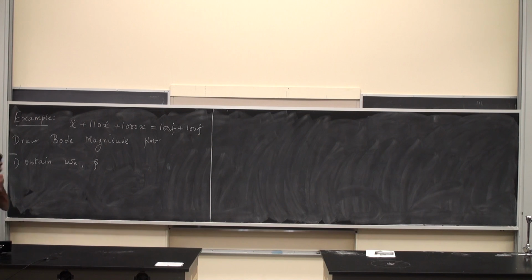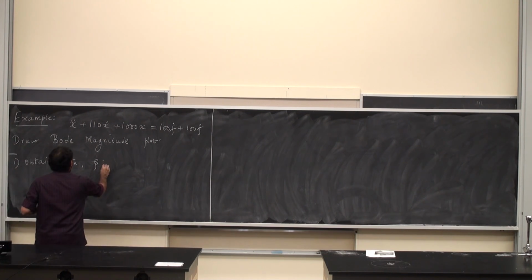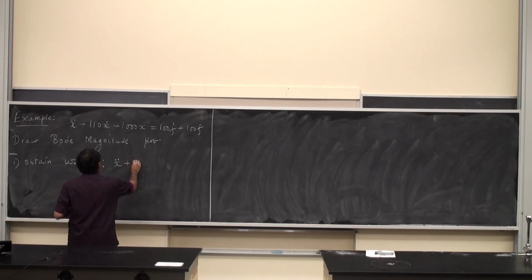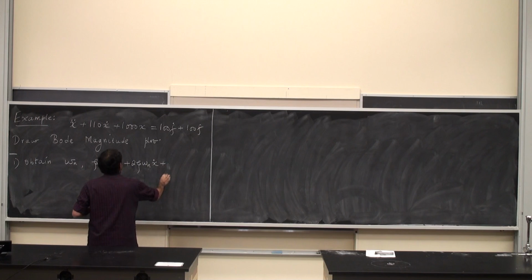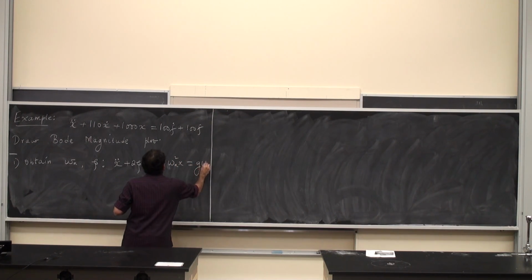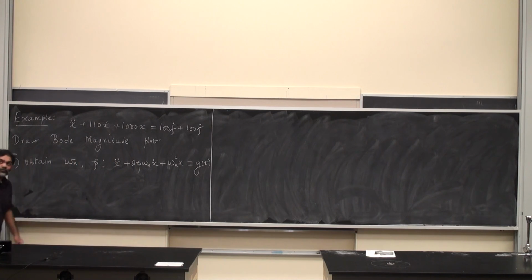The standard form is x double dot plus 2 zeta omega n x dot plus omega n square x is equal to g of t. This is the standard form.